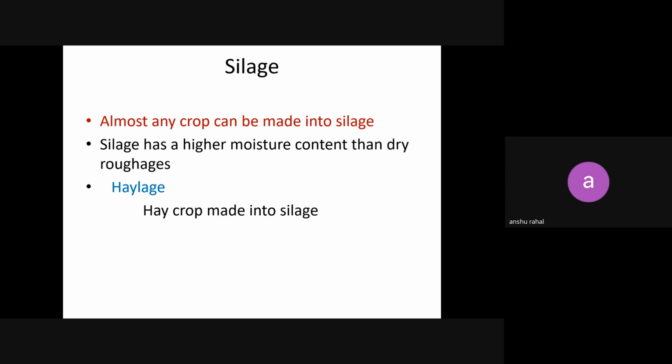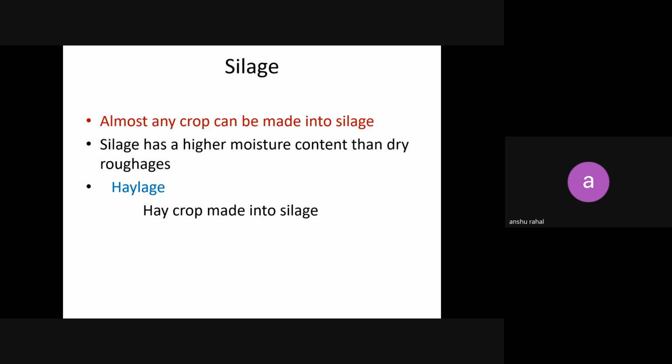In case of silage preparation, usually the green fodder is cut and chopped into small pieces, and then these are pressed in bunkers so that anaerobic conditions are made inside, and during the anaerobic conditions, the soluble carbohydrates which are present in the crop change to lactic acid, which helps in preservation of the feeding material. And this silage can be given to the animal during the lean period.